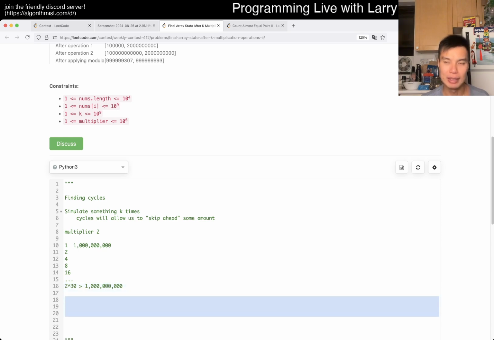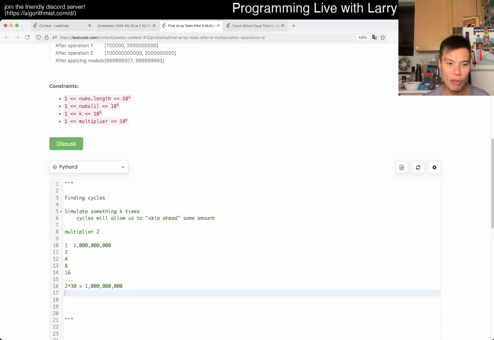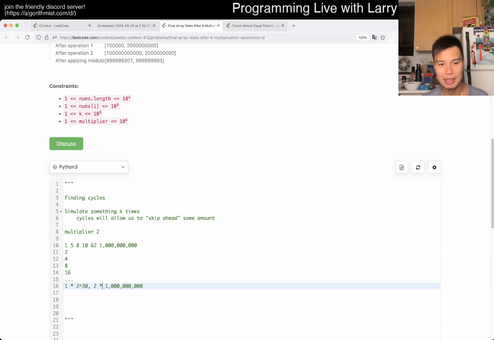Okay, so what does that mean? And let's say we have a lot of numbers in between, I don't know, 5, 8, whatever, right? It doesn't really matter. The idea here is that all these numbers are going to be 5 times 2 to some other number, 8 times 2 to some other number, which also doesn't matter what it is.